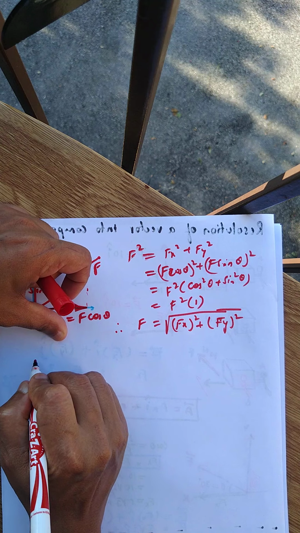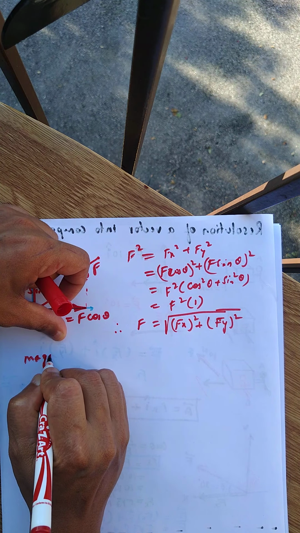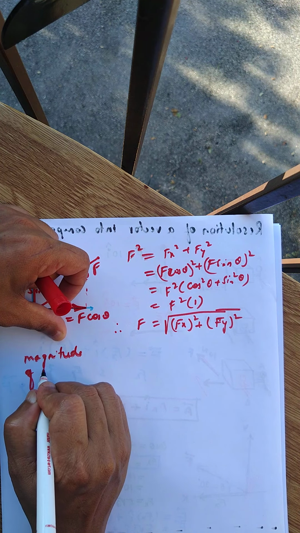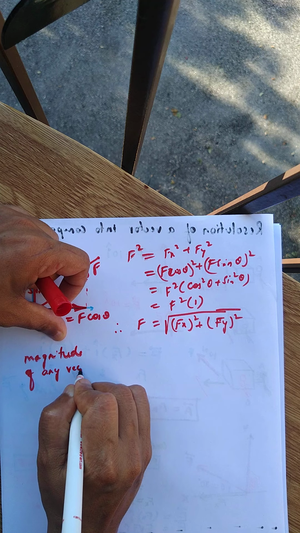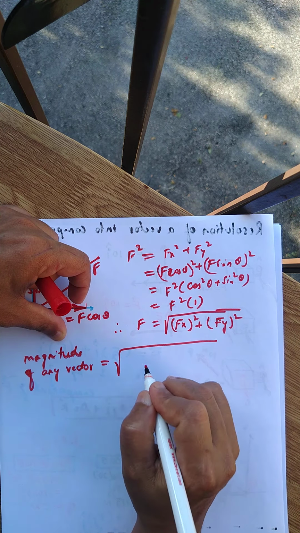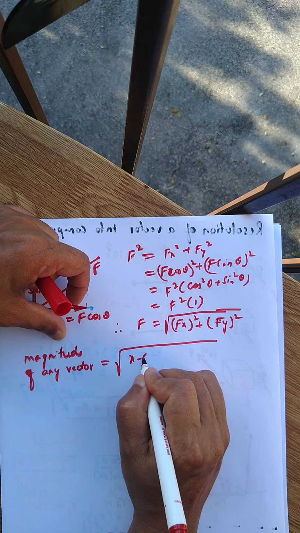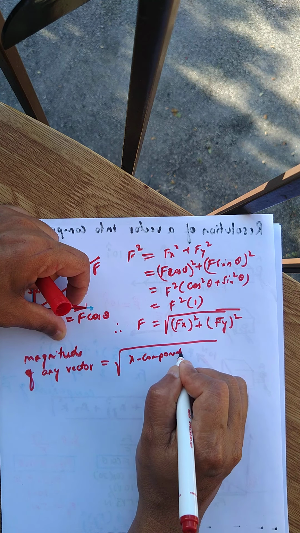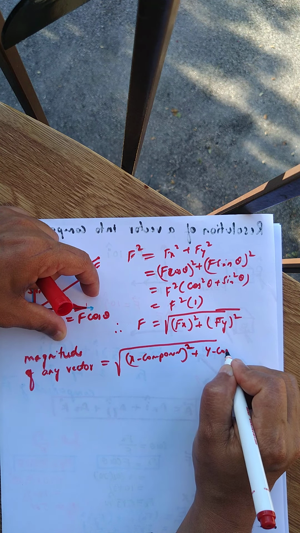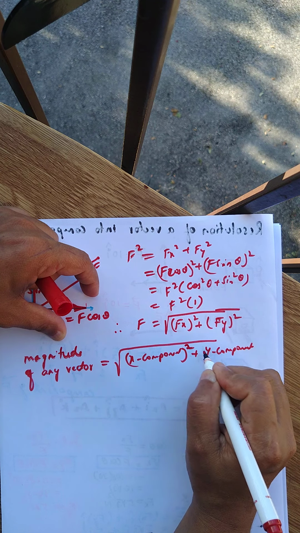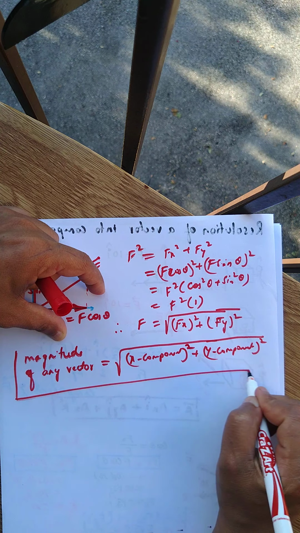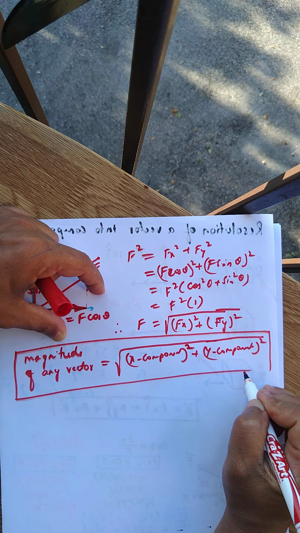In general, I would recommend: the magnitude of any vector is equal to the square root of x component square plus y component square. This is what we follow throughout this chapter.